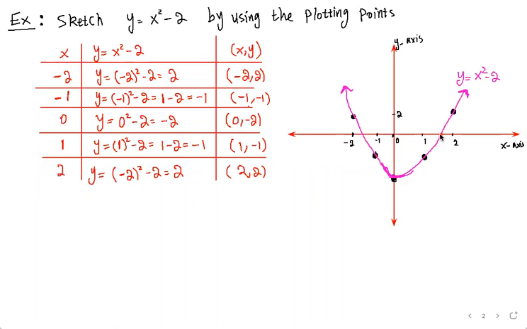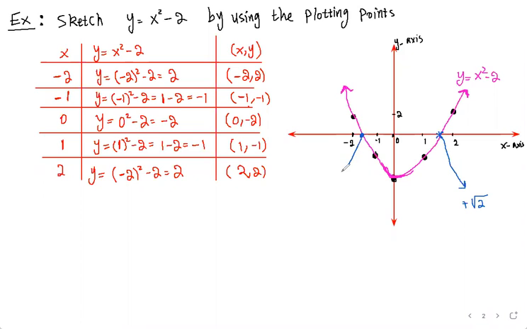The point here is positive square root of 2. This is an x-intercept.